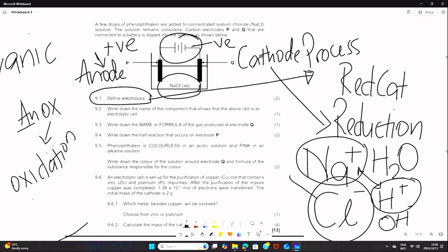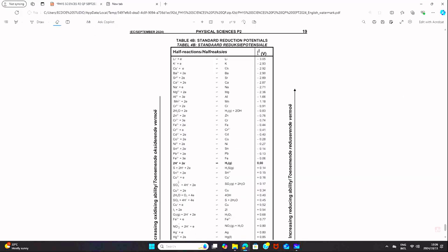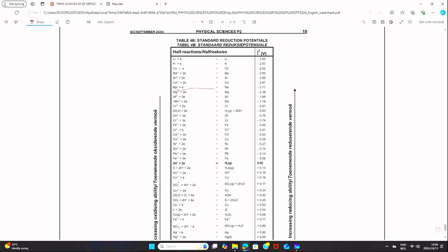Now remember, if you look at your table, I'm using Table 4B, please note, we have got sodium at the top, and then we have got hydrogen. Where are we getting the hydrogen? We're getting the hydrogen from this water here, which is at minus 0.83.